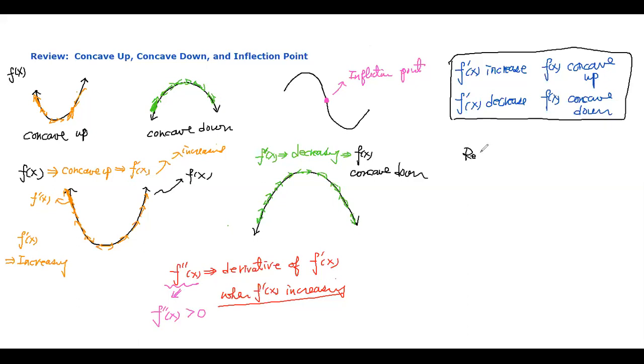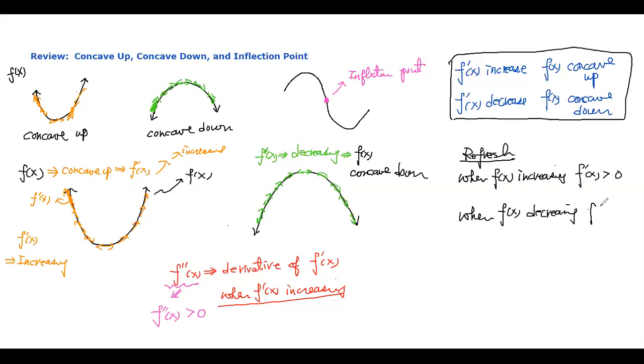Okay, so let's refresh what we had before. From the first video, we said when f of x is increasing, then I know f prime x is greater than 0. When f of x is decreasing, then I know f prime x is less than 0.